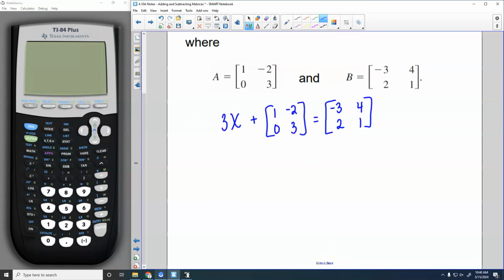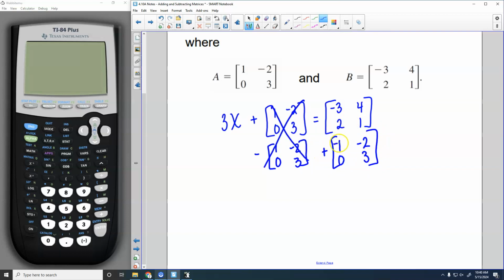So if I'm trying to solve that, what should I do first? I wouldn't divide by 3 first. I would subtract first. So I'd subtract the 1, 0, -2, 3. And I like to do this sometimes with those negatives.